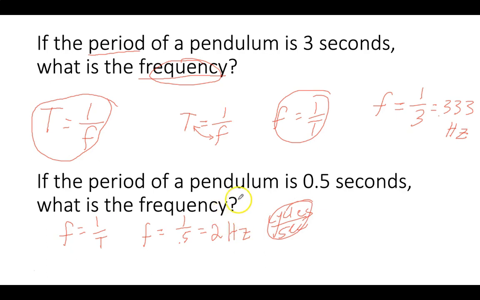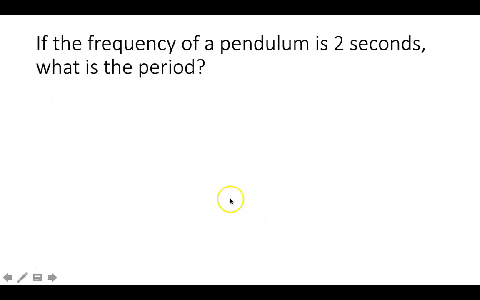Going forward. If the frequency of a pendulum is 2 hertz, what is the period? It's basically the same thing I just asked for, but I flipped it. Now I want period, so T is 1 over frequency, and I'd be using that formula. 1 over the frequency of 2 would be 0.5, and period is measured in seconds.